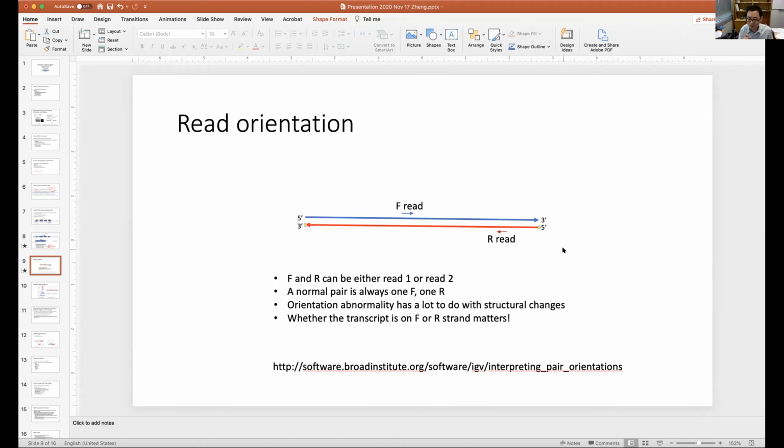Now this is very important because for the identification of gene fusions, you're not only identifying the two genes involved in the fusion, but you also need to determine which gene comes as the 5' gene or which gene comes as the 3' gene. So basically, you also need to determine the direction of the fusion event.